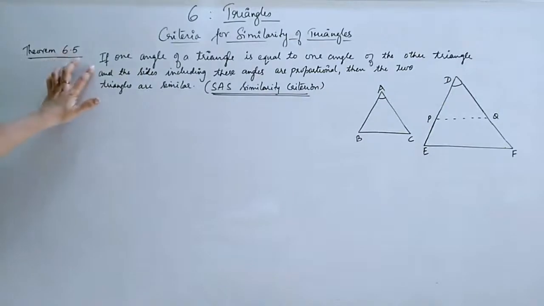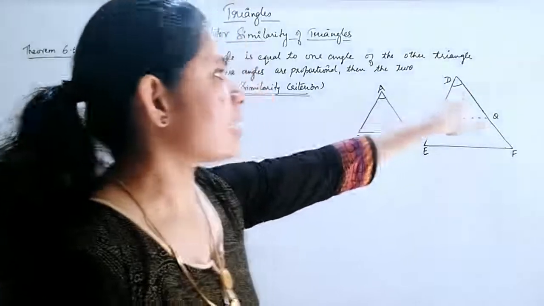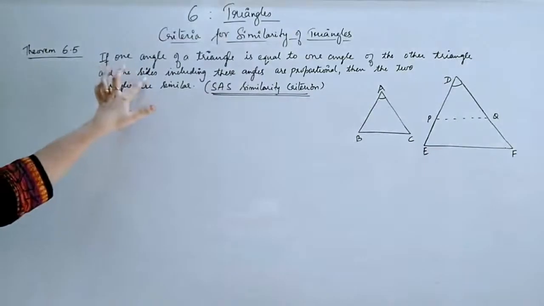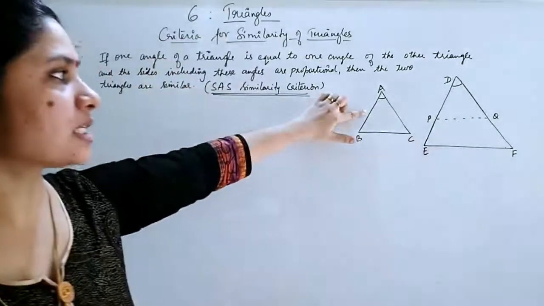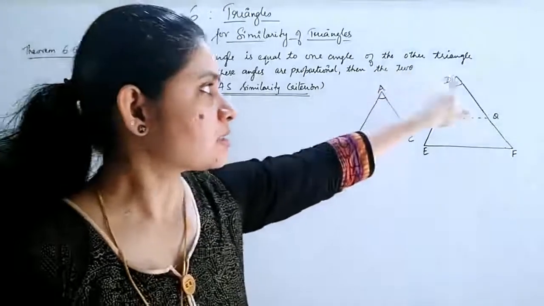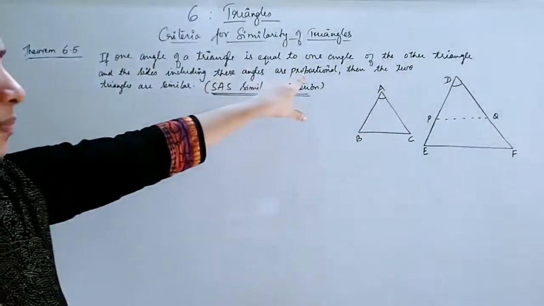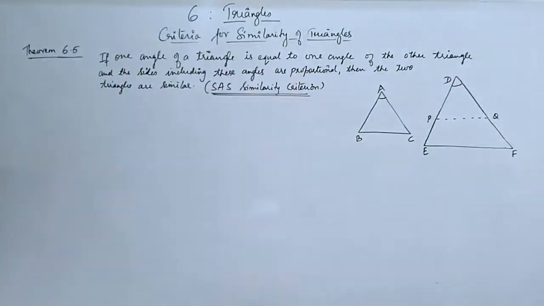Now just go for the statement of the theorem 6.5. If one angle of a triangle is equal to one angle of the other triangle and the sides including these angles, which are the sides here, AB and AC here, and DE and DF here, are proportional, then the two triangles are similar.